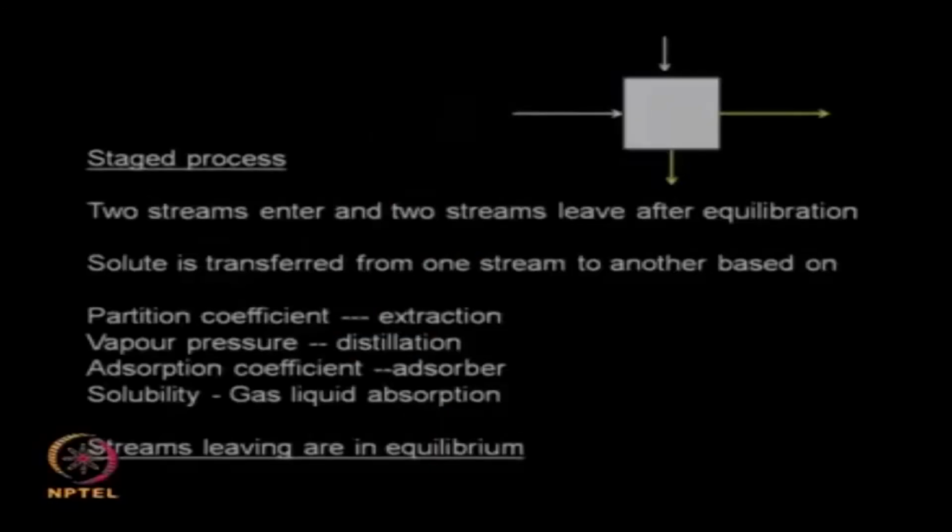So it makes life slightly easier, but the main assumption in a stage process is that the streams that are leaving are in equilibrium, and the type of process taking place in each stage is similar.